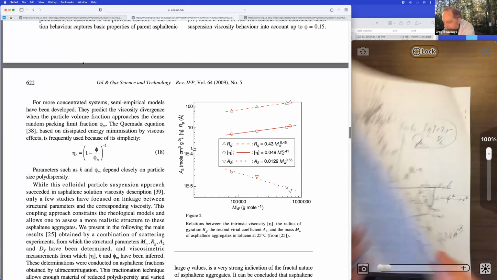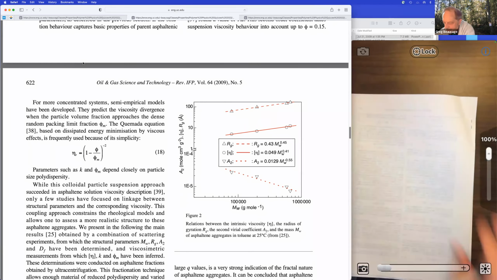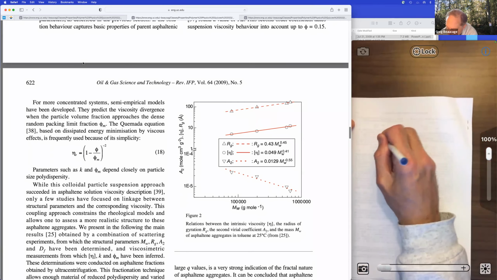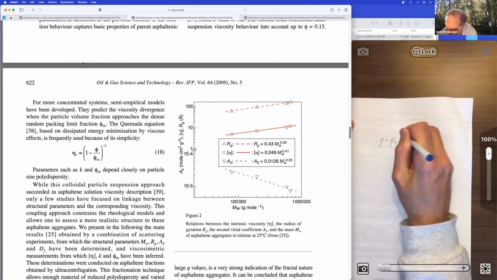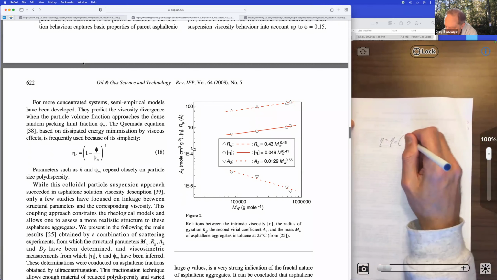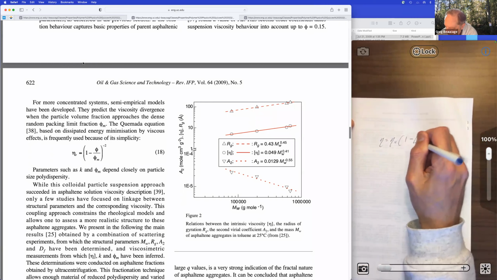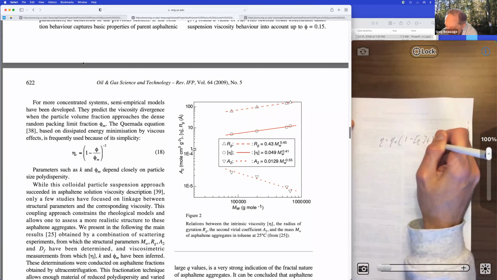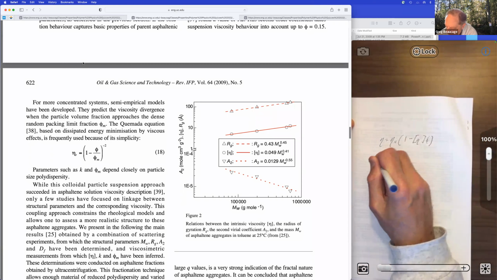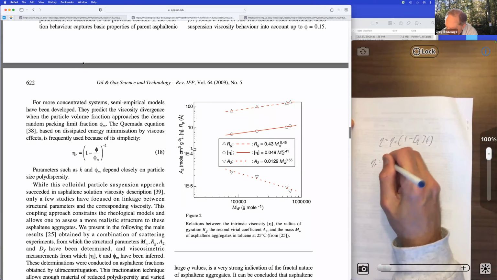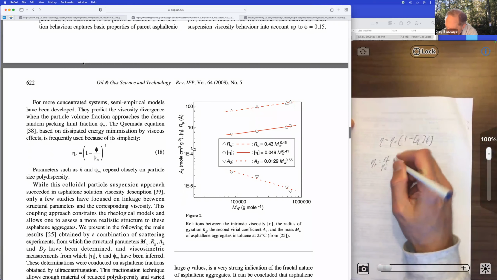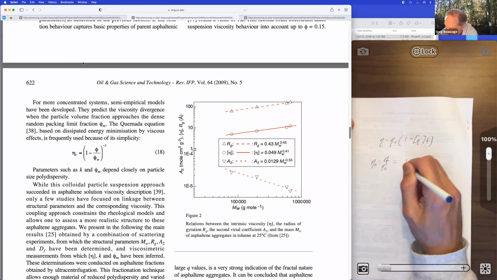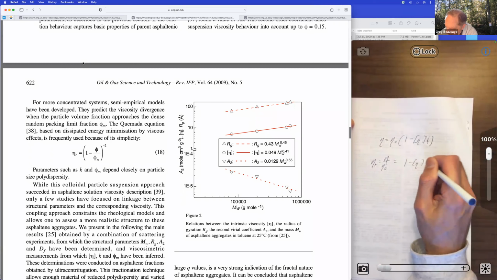Here, if you take this, 1 minus intrinsic viscosity times concentration, then the reduced viscosity over eta 0 is going to be 1 minus intrinsic viscosity times concentration.